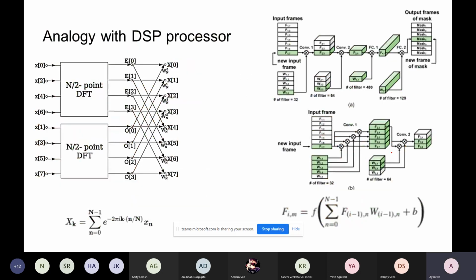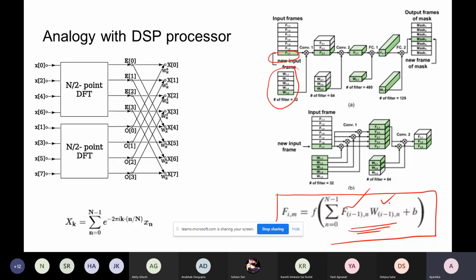These are our input frames, and with them we have some weight values, and we are doing multiplication, basically implementing F into W, and we know that this multiplication is the most costly part.